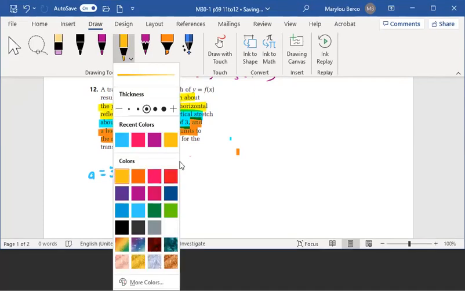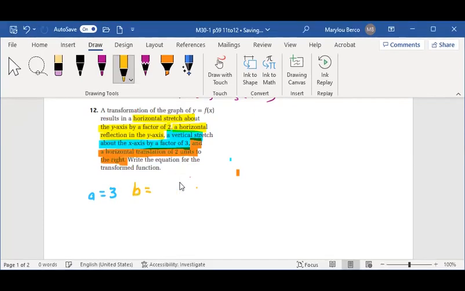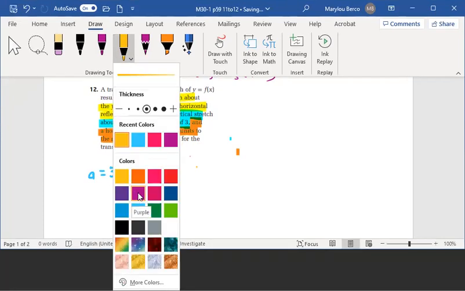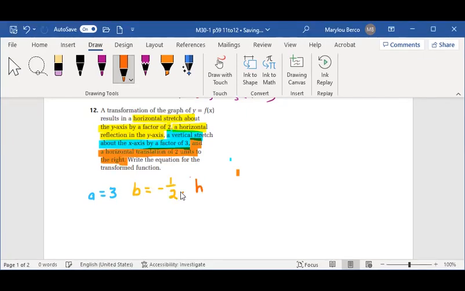B is a horizontal stretch about the y-axis by a factor of 2, and a horizontal reflection in the y-axis. And C, h, is the horizontal translation of 2 units to the right.